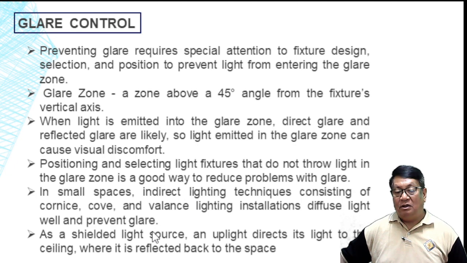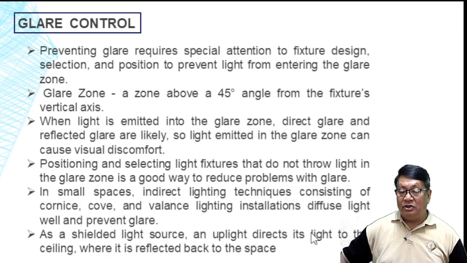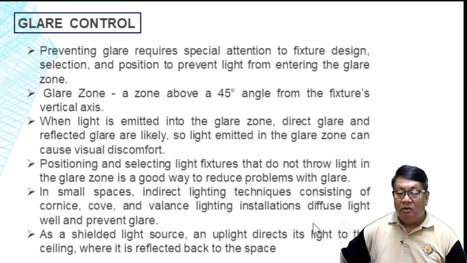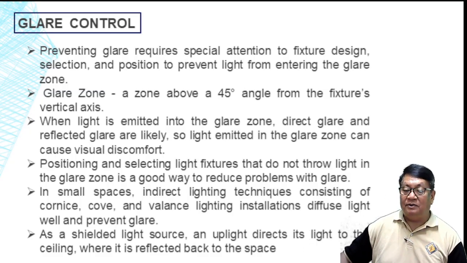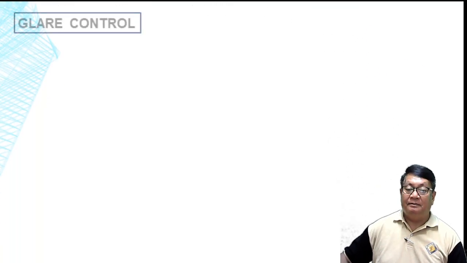So positioning and selecting light fixtures: in small spaces, use a shielded light source, and uplight directs its light to the ceiling where it is reflected back to the surface or the space.